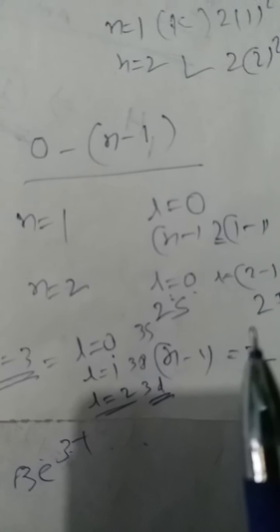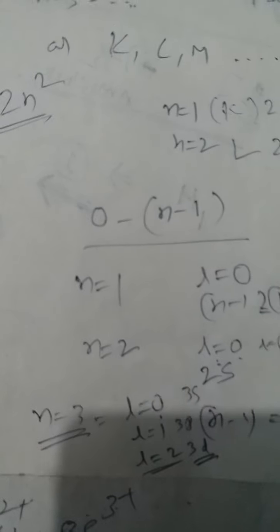The same happens in the case of n equal to 3 and n equal to 4, and so on. So this is about the azimuthal quantum number.